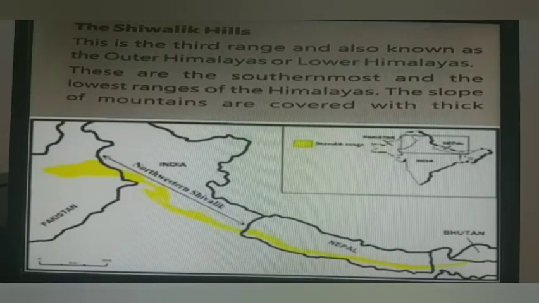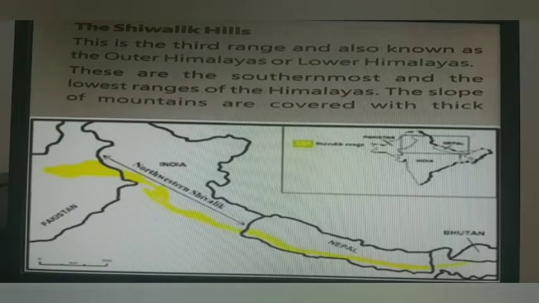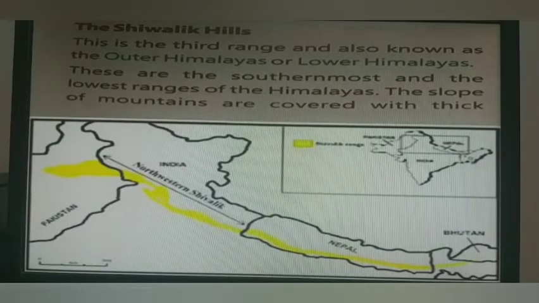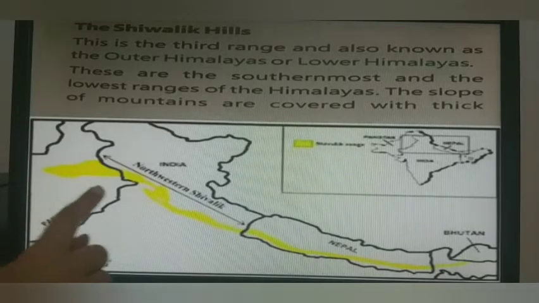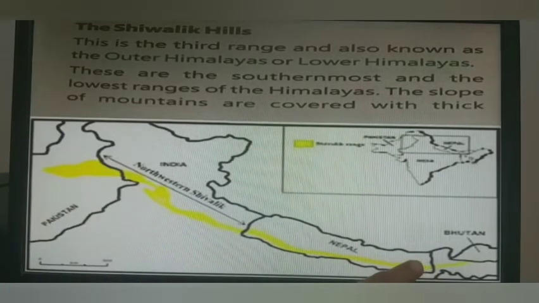It has an average height of 900 to 1200 meters and a width of about 10 to 50 kilometers. The Shivalik rise steeply from the northern plains of India and Pakistan and run parallel to the main ranges of Himalaya.